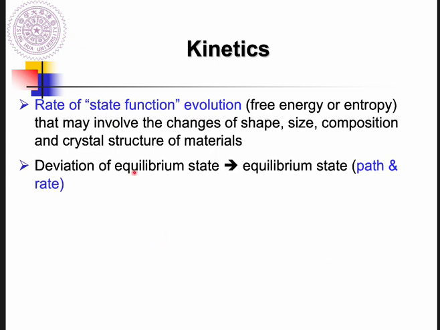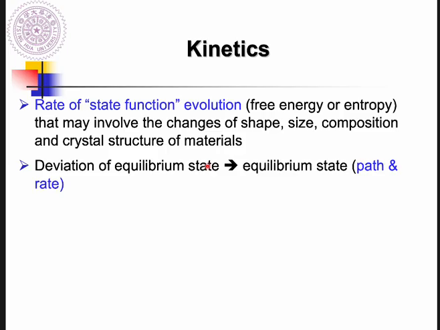So the kinetics process always happens from a deviation of the equilibrium state to an equilibrium state, which means there's definitely an external driving force pushing the state away from equilibrium.